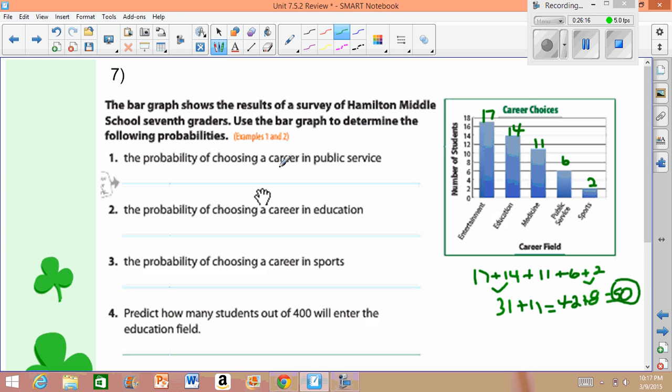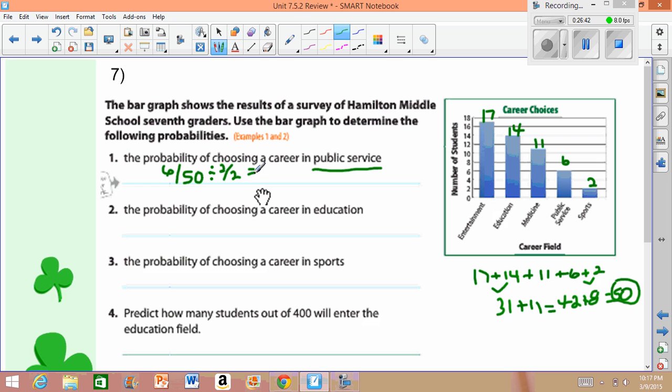It says the probability of choosing a career in public service. So remember, probability is what we want out of our total. So public service, which is 6, out of our total, which is 50. But remember, you need to simplify your probabilities. So we're going to end up dividing the top and bottom by 2, because 2 goes into each one.